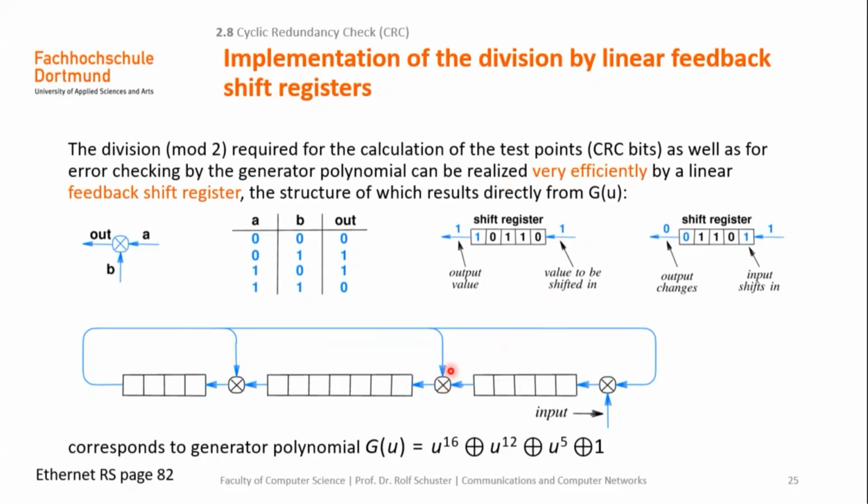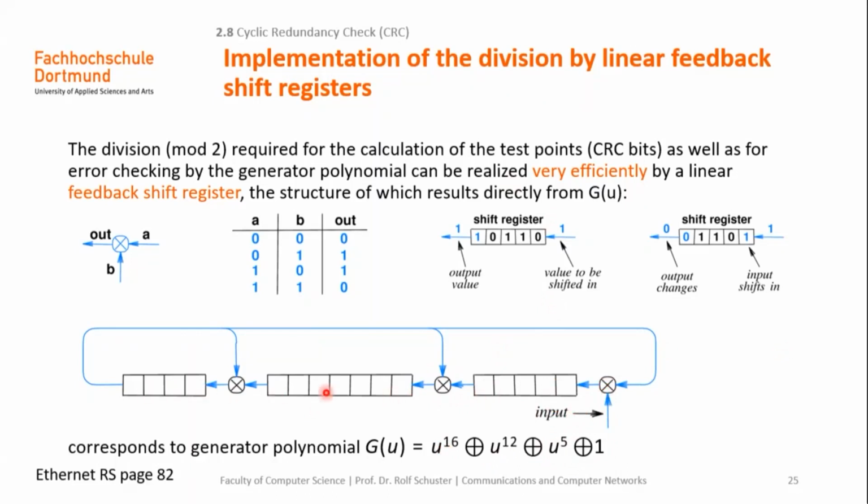In this one, we are taking into account the 5th, and in this one this coefficient, and in this one this and this, depending on the time at which we insert the bits in the shift register.